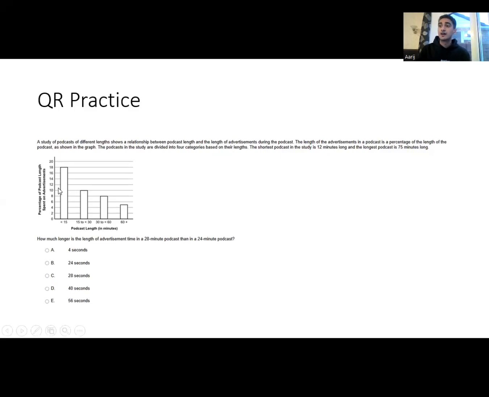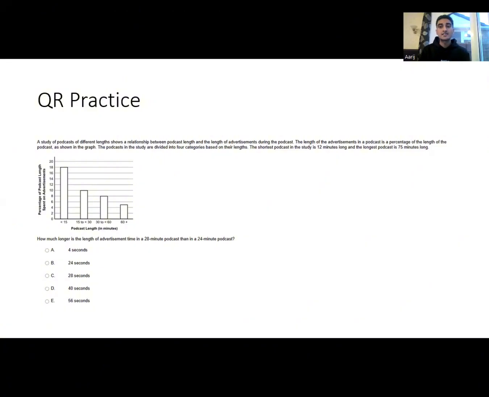We know that regardless of the time, a podcast between 15 and 30 minutes will always have 10% of time given to advertisements. So the best way to do it is work out the difference between 28 and 24 minutes, which is the two podcasts that we have. That difference is 4 minutes. And now what we can do is work out 10% of 4 minutes, because that is the actual advertisement time.